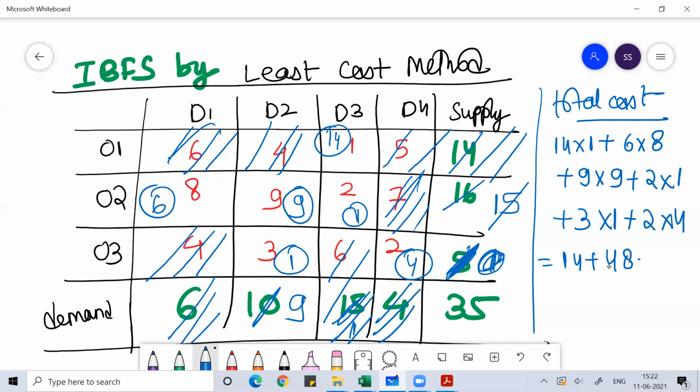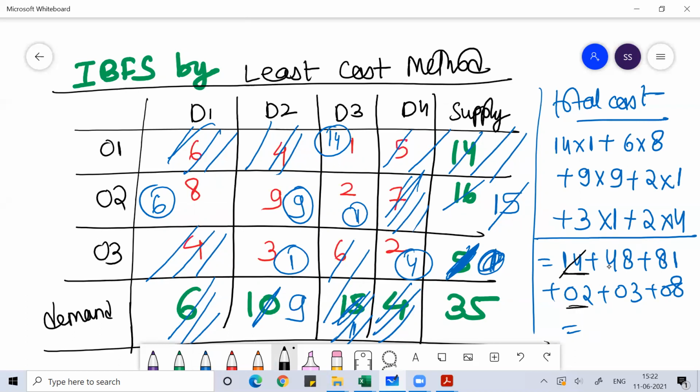That is 14 plus 48 plus 81 plus 2 plus 3 plus 8. So 14, 16, 19, 27, 108, 110, 146. You should get the value.